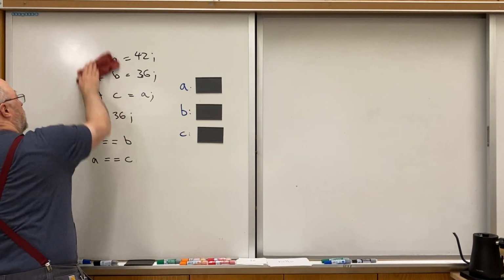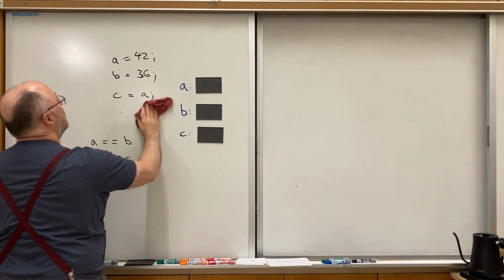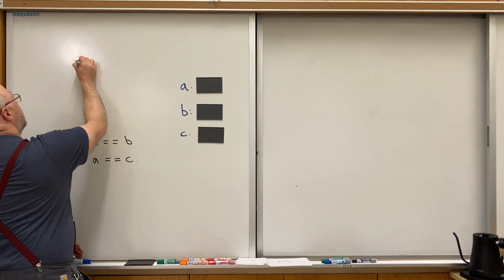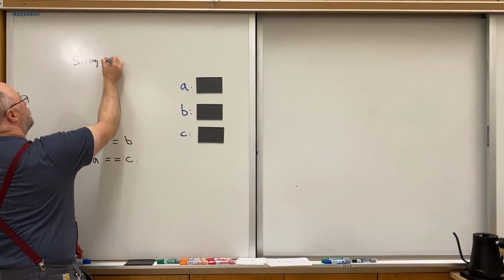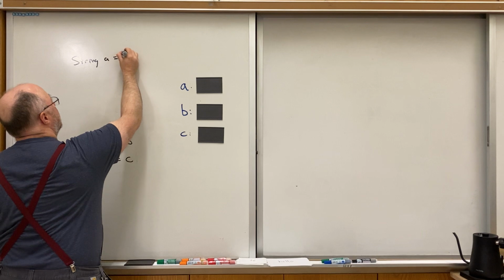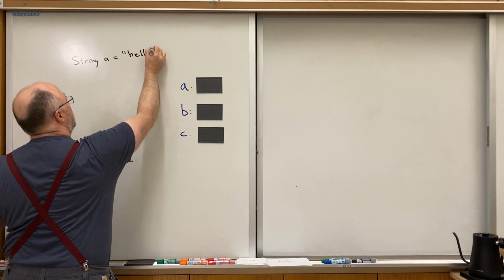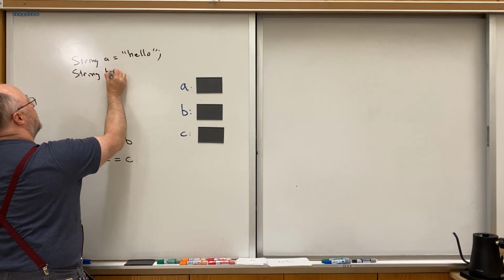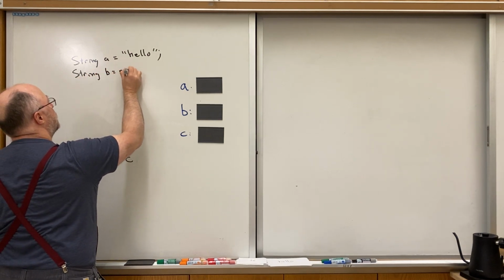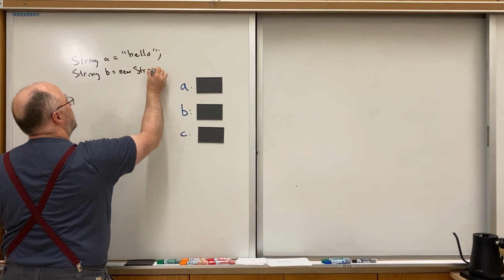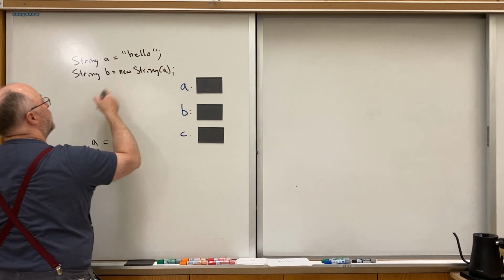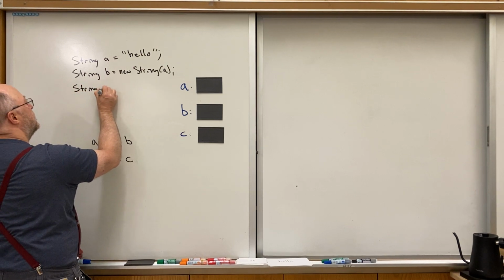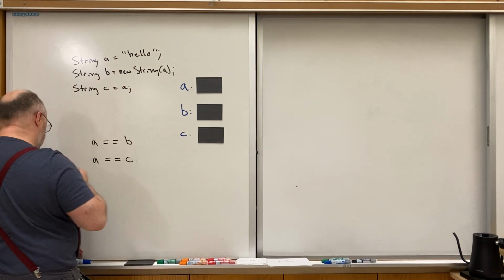So I'm going to erase the whole thing, and now we're going to declare and assign string variables named A, which we'll call hello, and a string variable named B, which is going to be a new string, and we'll pass A in as the value to this constructor, and then finally we'll say string C equals A, just like we did before.